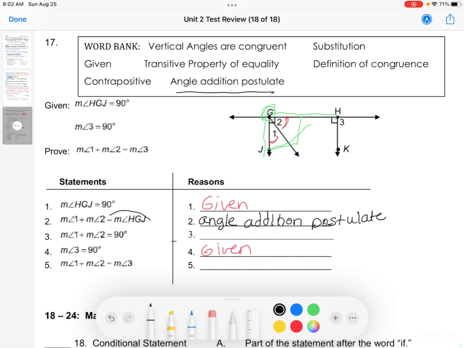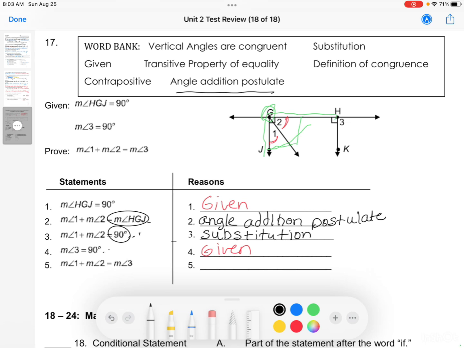Now I have this, that was in this original statement. Now I have this, so it got changed. Basically, I substituted one thing in for the other, so that's called substitution. And finally, I already had this as a given. I substituted here and here, and that was a given.